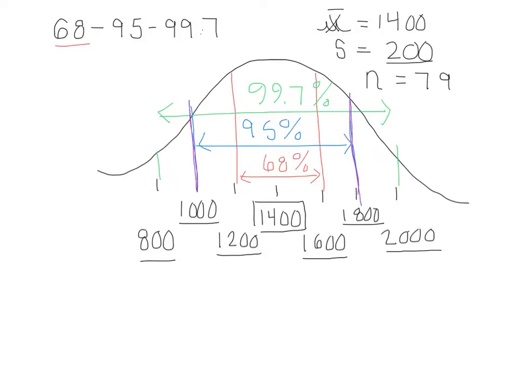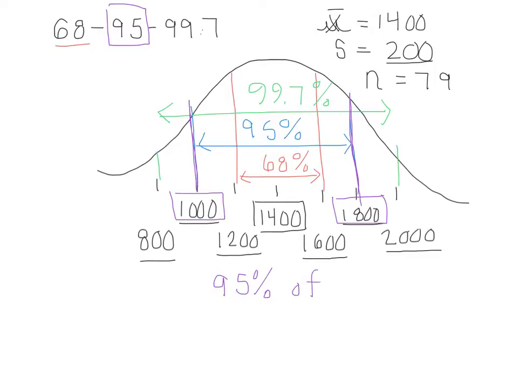Well, you notice that those both are two standard deviations from the mean. 1,000 is two standard deviations below, and 1,800 is two standard deviations above. So two standard deviations above and below the mean in a normal distribution should be about the middle 95%. So in this interval, I should find 95%.